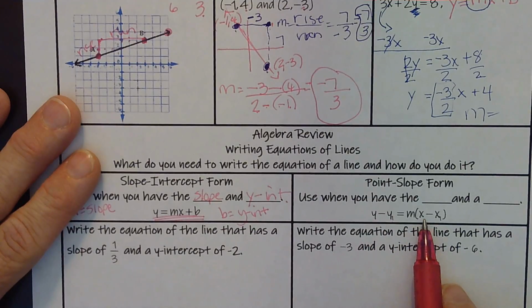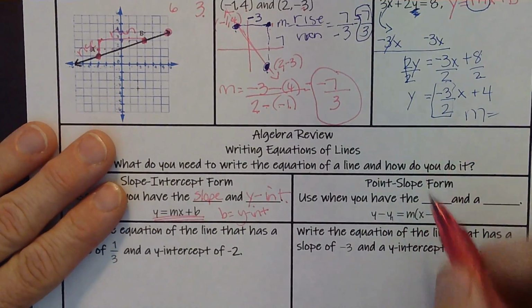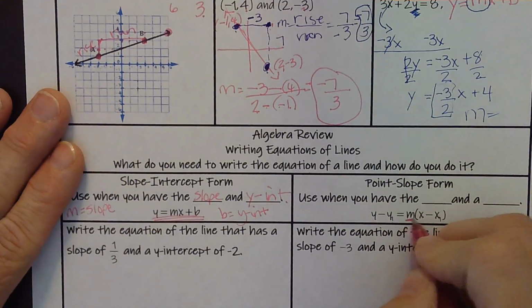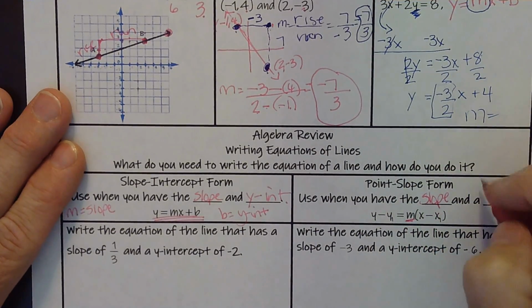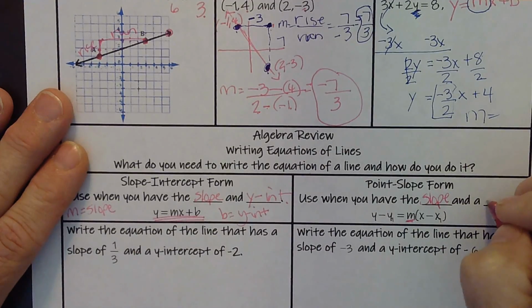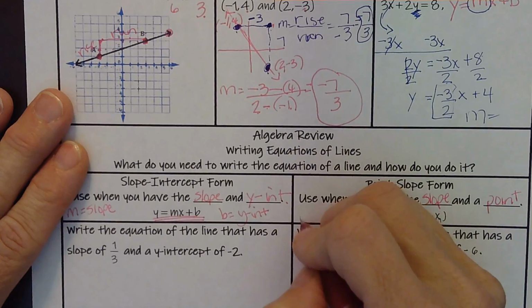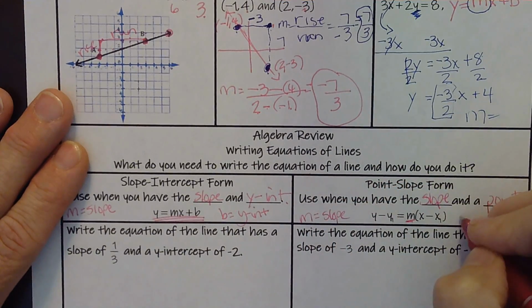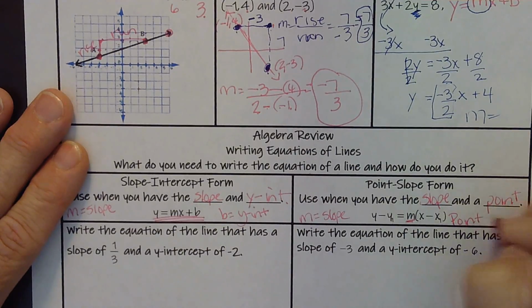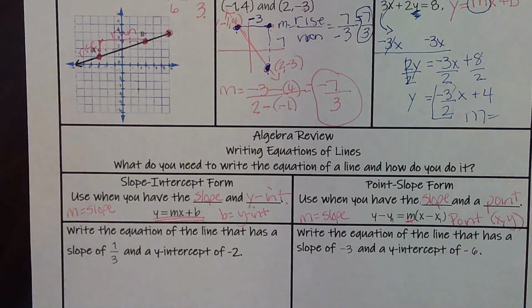And this form is useful when you have the slope, because there's that m, and just a simple point. So m equals the slope, and a point would be x comma y.